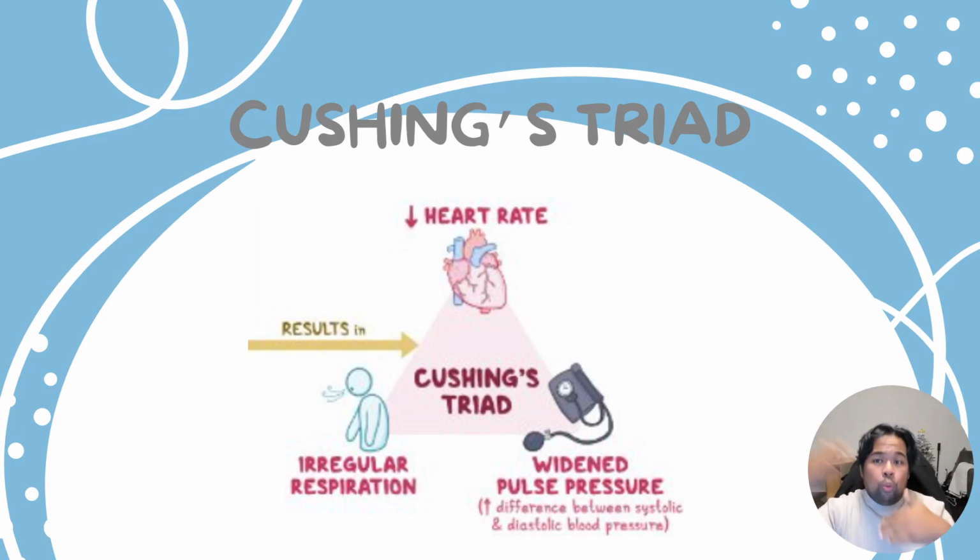Right? It's such a wide gap in their pressure. You might see irregular respirations, and again, their heart rate will go down. You'll see a decrease in heart rate, and this is called the Cushing's triad. You might see this in someone who has that increased intracranial pressure. So what I would say is definitely know that the brain and the brainstem control the heart rate, the blood pressure, and the breathing. And please know this slide, okay?